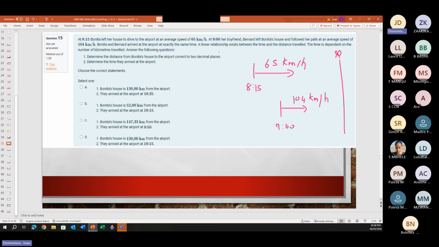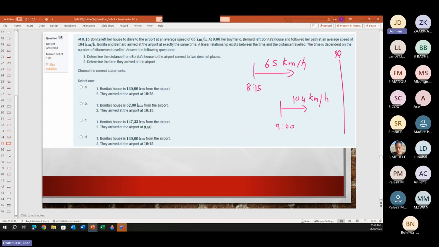A linear relationship exists between the time and the distance traveled. The time is dependent on the number of kilometers traveled. Answer the following questions. 1. Determine the distance from Bonita's house to the airport correct to 2 decimal places. 2. Determine the time they arrive at the airport.